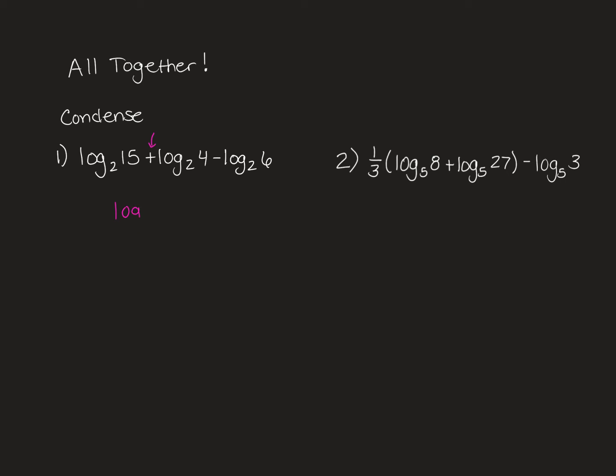So we have log base 2, and we're going to have a lot inside the parentheses here, but we're going to have 15 times 4. Then if we have that subtraction, that means that we are dividing by the 6. So we can condense this to log base 2 of 15 times 4 divided by 6. Well, 15 times 4 is 60.